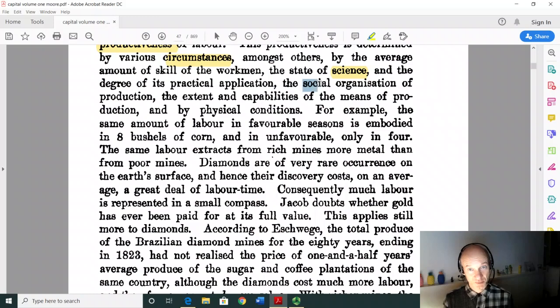Social organization, so again emphasizing that all these are societal categories. A machine is not just a thing that is somehow devised by science. Obviously science itself is a product of society, the combined knowledge and experience of many people in society. But a machine also relies on social organization of production.